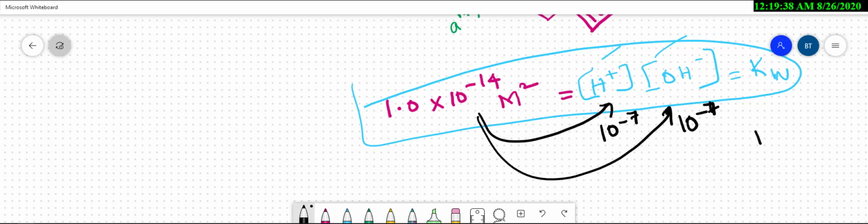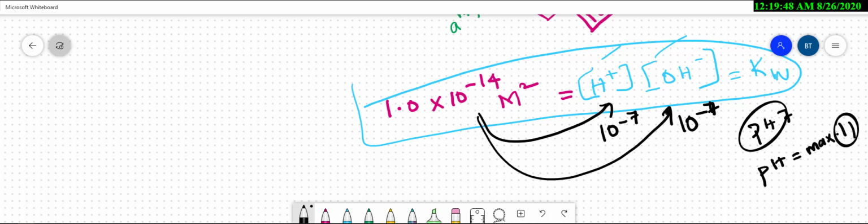The pH value of water is 7, and the maximum value of pH can be 14. So the max value is 14. That is the ultimate limit up to which an acid or base can be dissolved in a solution. Above this, no other solution can donate H+ or OH- ions. We are going to see that in a practical manner. Now you are getting the equation, the magic value 14 here.